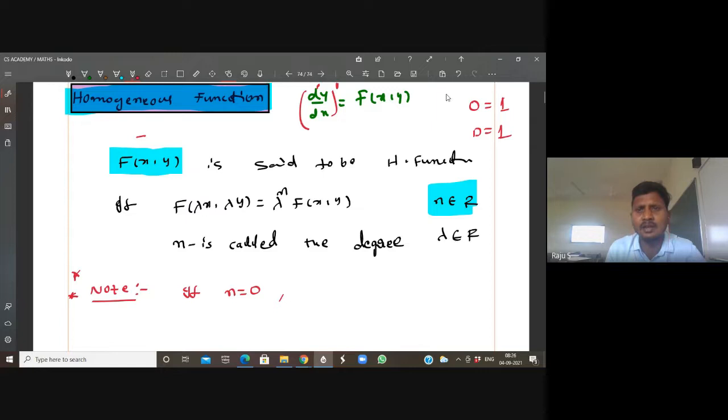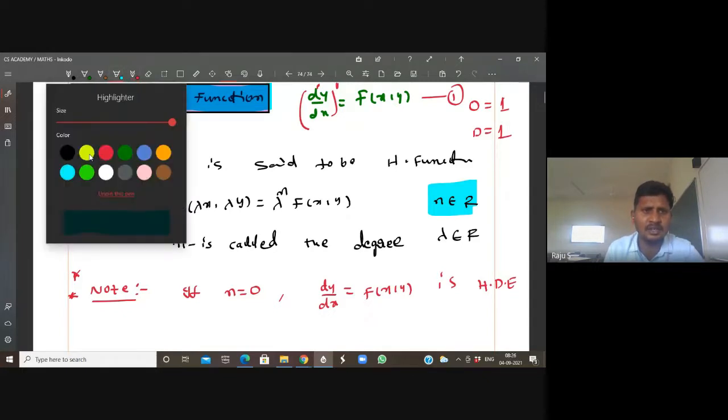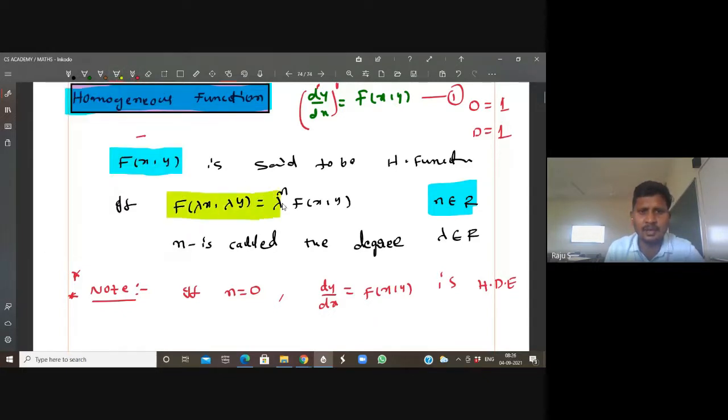So the given differential equation dy by dx is equal to f of x comma y is called a homogeneous differential equation. I'll give n number of examples, don't worry. When the function satisfies the condition f of lambda x comma lambda y is equal to lambda to the power of n into f of x comma y, then that is called a homogeneous function.